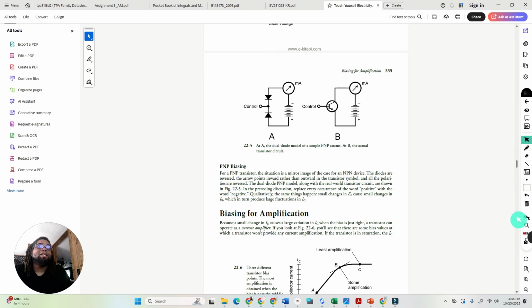Okay, and as you can see here, what he has is the same kind of internal model of a transistor. It's just that he has them facing each other now, with the cathode ends facing each other, and you see that he has the supply voltage flipped over, as I talked about earlier. Now here is the transistor model, and it just has the emitter arrow going inward, and it has the supply voltage flipped.